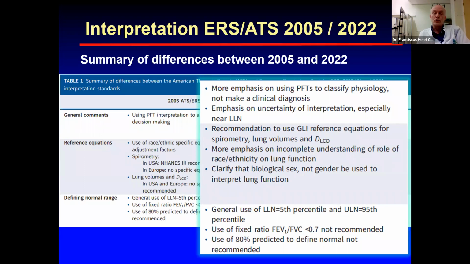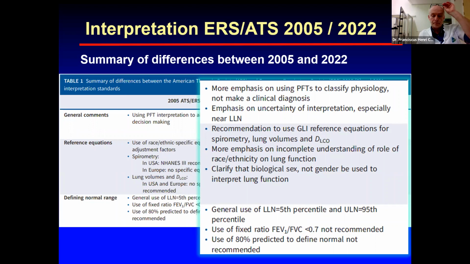We recommend to use the GLI, the Global Lung Initiative reference equations, because they are now out for all outcomes. They were already out for spirometry in 2012, the static lung volumes came out 2 years ago, and the CO diffusion in 2017.